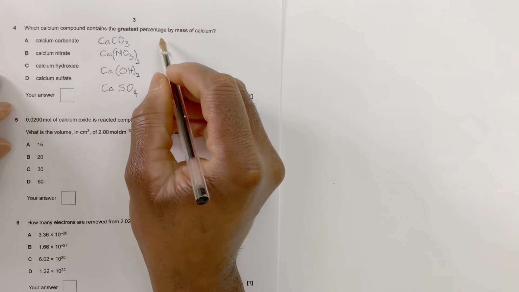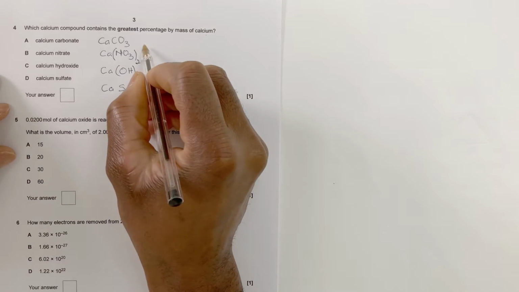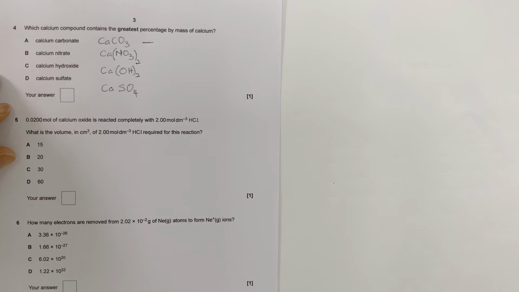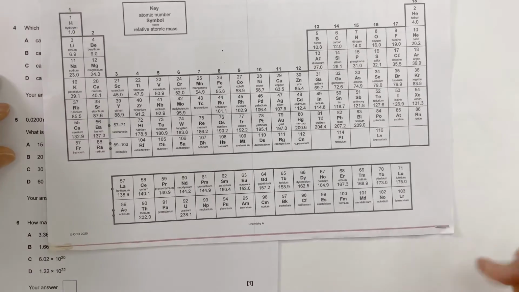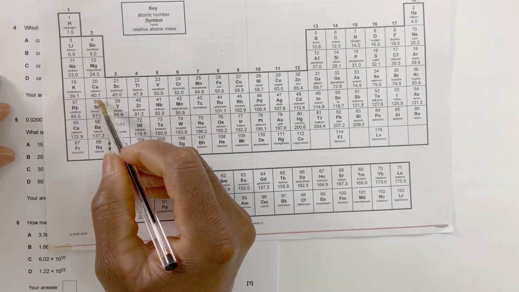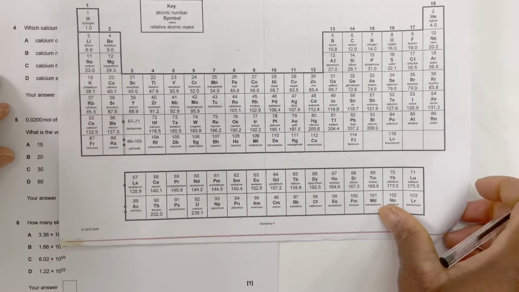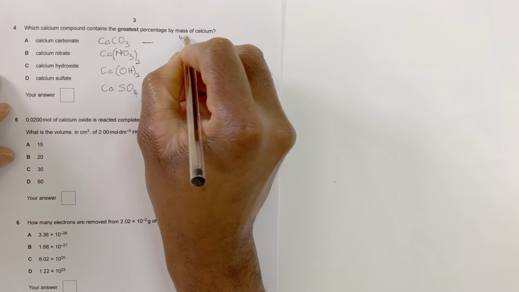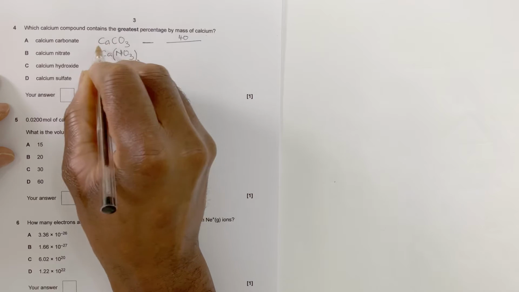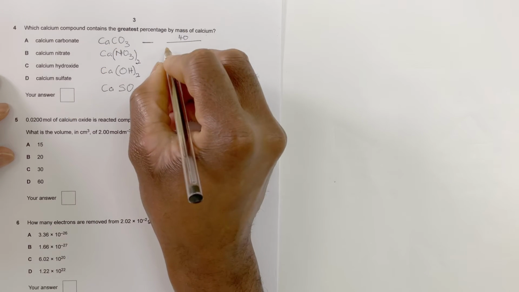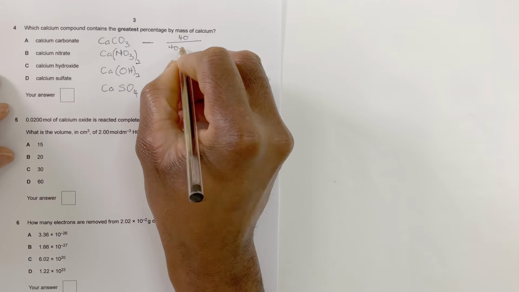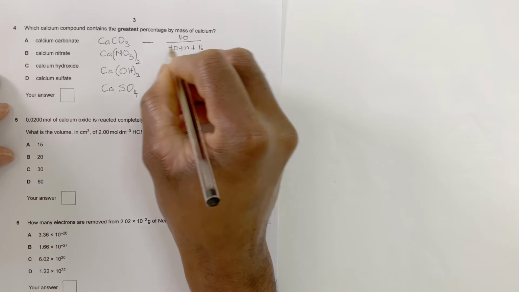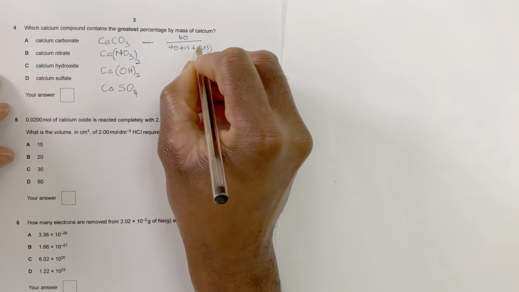Now, percentage by mass of calcium. For the first one here, the mass of calcium is basically 40. If you look in here, calcium is 40.1, so let's roughly say 40. So I could do 40 over the total mass of the calcium carbonate, which is 40 plus carbon is 12 plus 16 oxygen times 3.